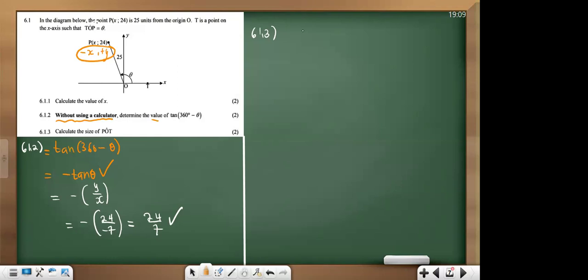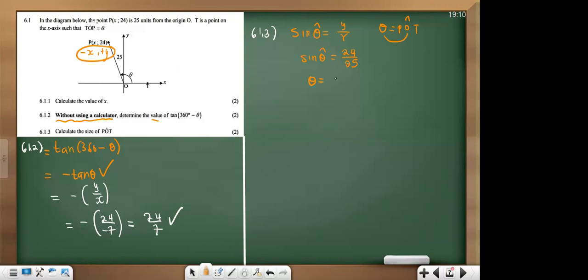Let's check something. If I say sine of theta is equal to y over r, so sine of theta will be equal to 24 over 25. Remember, theta is equal to POT. So if we get our theta, we are likely to be done. Can I find my theta?